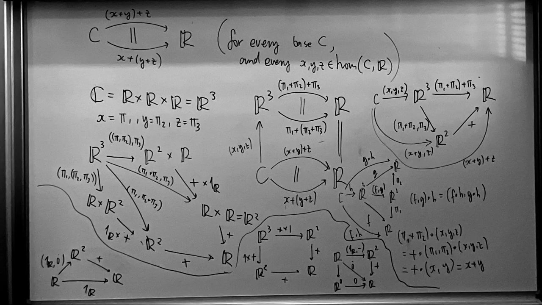What I'm trying to say is that if I want to compose Fg with H, that will equal the map induced by F composed with H and G composed with H. Is this clear for everyone, or maybe we should go into detail there.